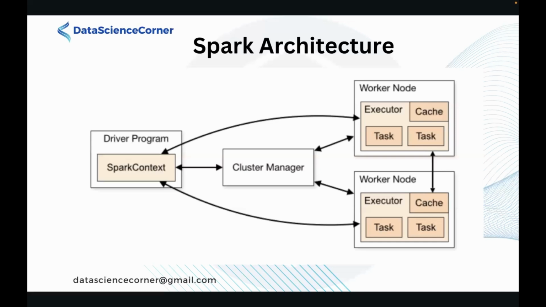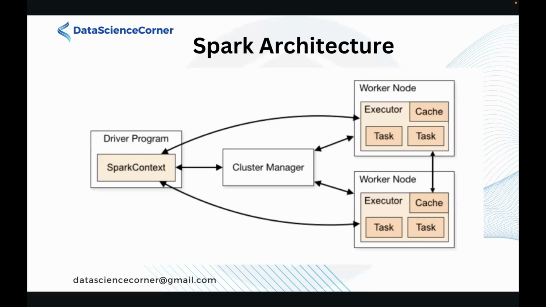Then the driver program performs optimizations and translates the DAG into a physical execution plan comprising multiple tasks. It decides which tasks will be executed on each worker node and schedules the work accordingly.